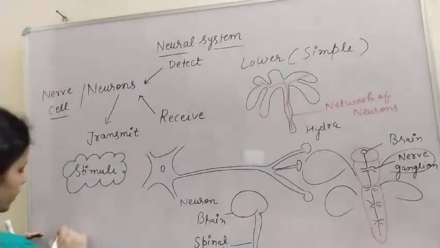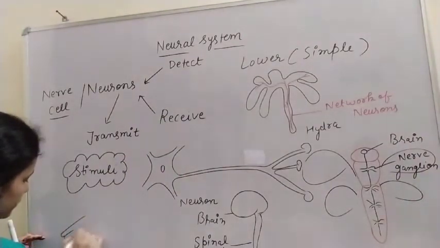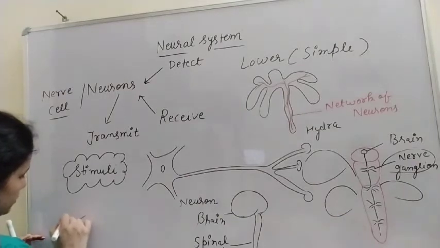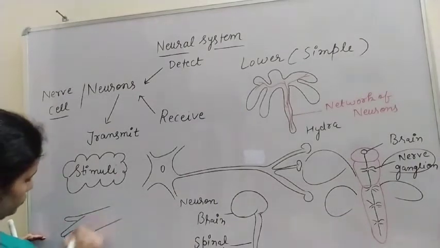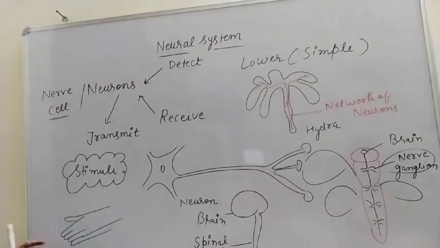That stimulus is detected by these neurons. Suppose if any person touches a hot object, so what does he do? He withdraws his hand. Why?